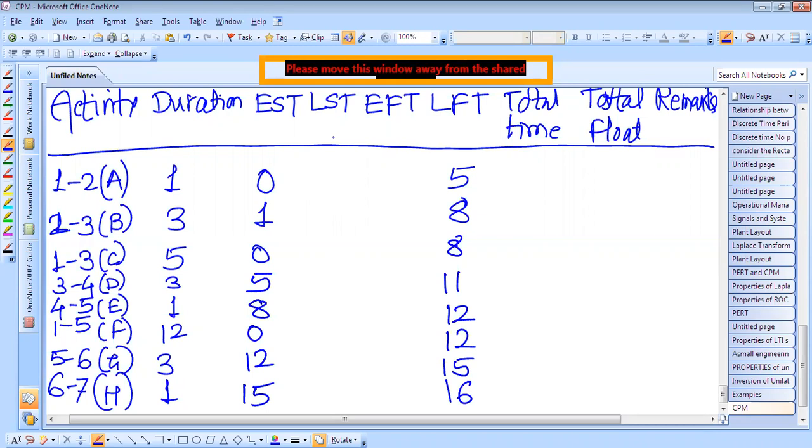Earliest start time for each activity is calculated from the relation: we should know the LFT of that activity minus the duration of that activity. So LFT of this activity is 5 and the duration of this activity is 1. Therefore 5 minus 1, it is 4. Similarly, 8 minus 3, it is 5.